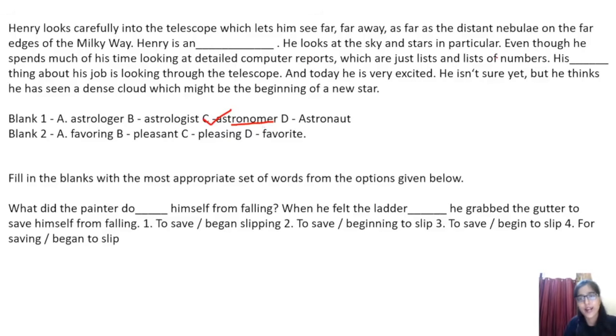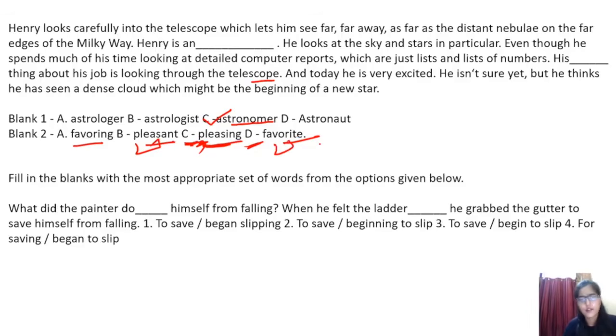He looks at the sky and stars in particular, even though he spends much of his time looking at detailed computer reports, which are just lists of numbers. His dash thing about his job is looking through the telescope. Favoring, pleasant, pleasing, favorite. Well, in that case, there are high chances of two words, pleasant and favorite.